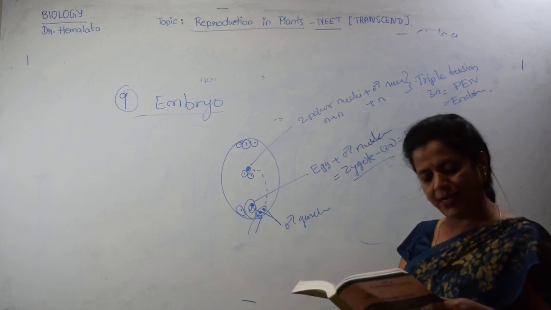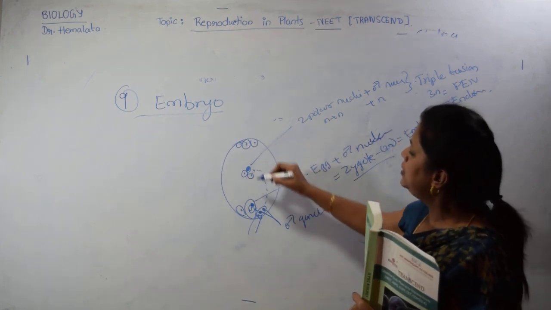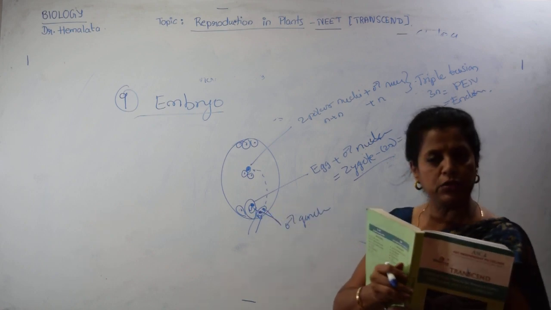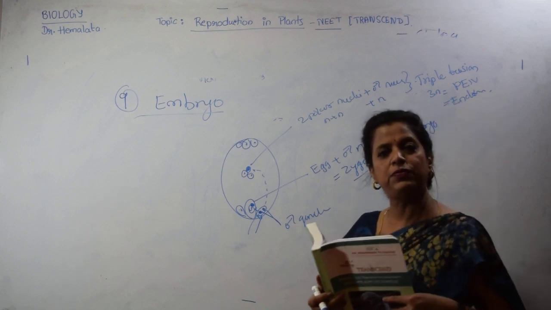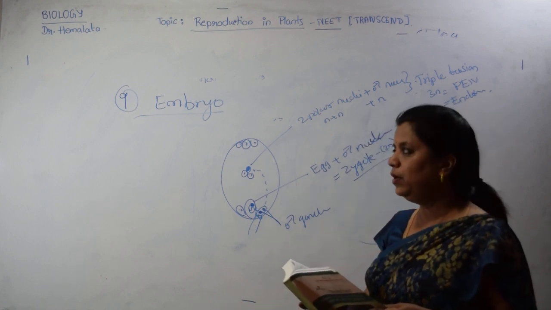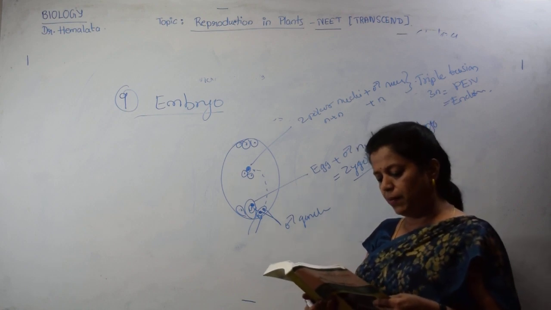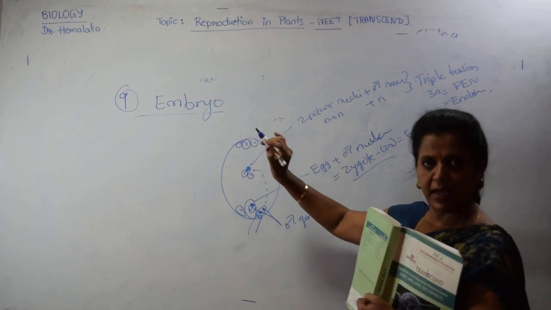The third option, C, says synergids and the male gamete. These are the one and two synergids and the male gamete. Anyway, the male gamete is not fertilizing with synergids. Synergids are only helping cells for the egg cell. Therefore, option C is also incorrect. Option D says male gamete and the antipodals. Male gametes and antipodals, no connection.